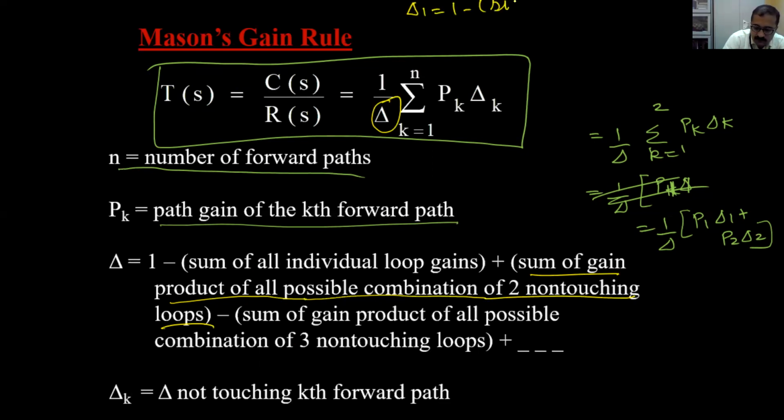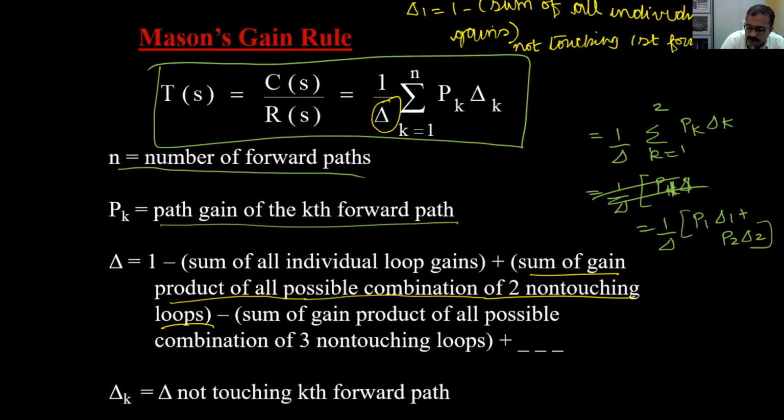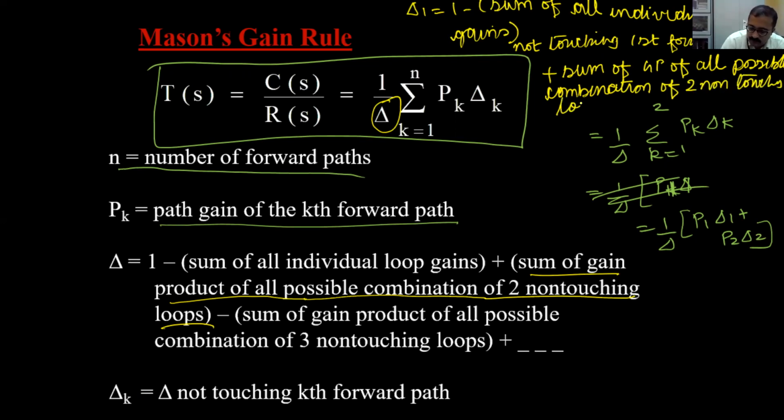Delta 1 means 1 minus sum of all individual loop gains not touching the first forward path, plus sum of gain product of all possible combinations of 2 non-touching loops, not touching the first forward path, and so on.